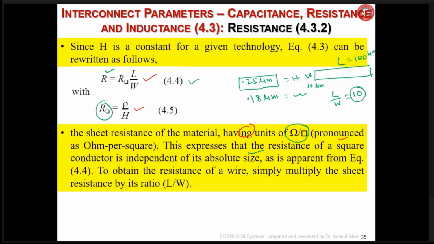Out of this whole length, you are creating only 10 squares. So multiply R square by 10, and you get the resistance. Is it understood? Harsh Tripathi. Yes.